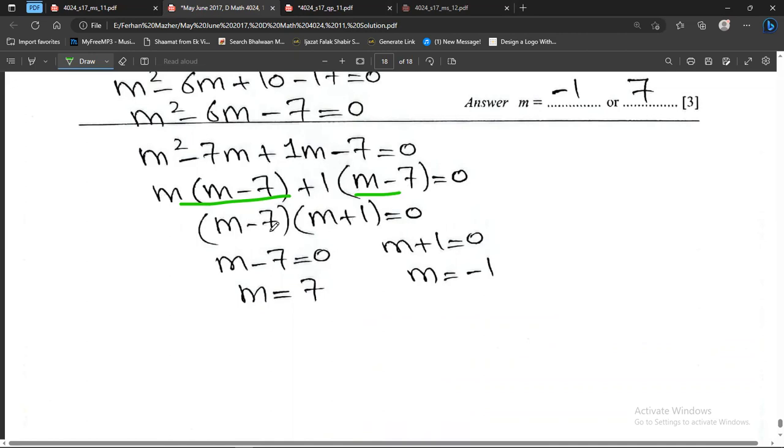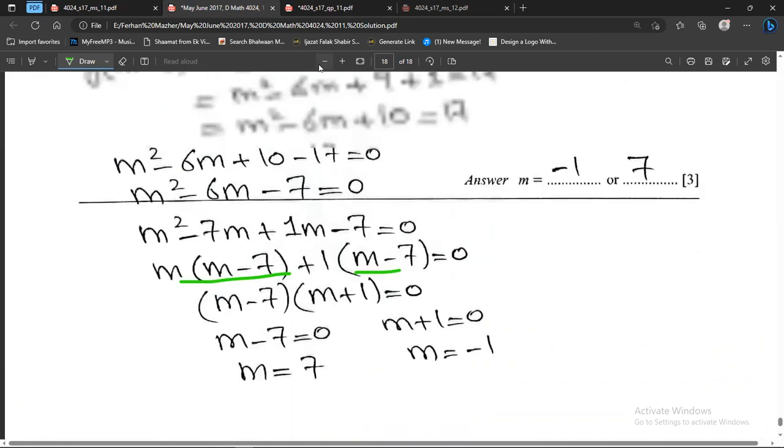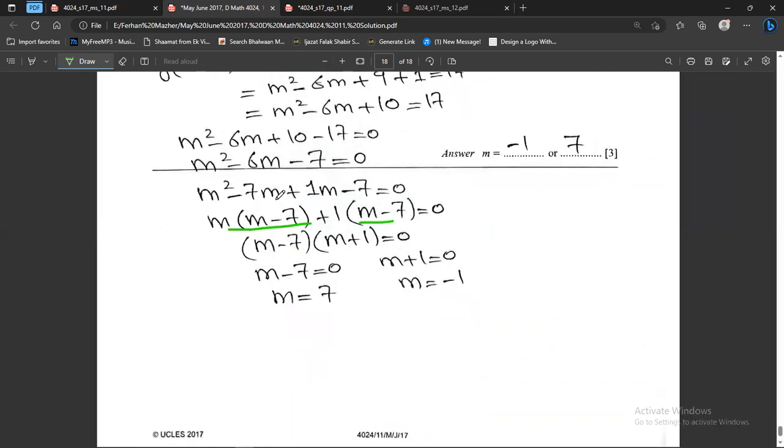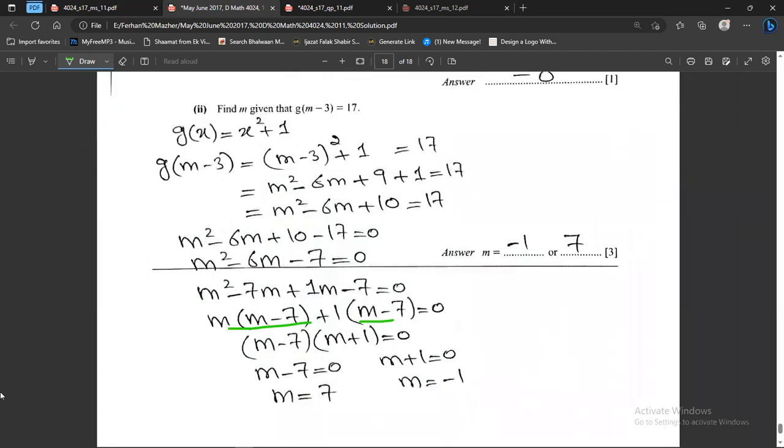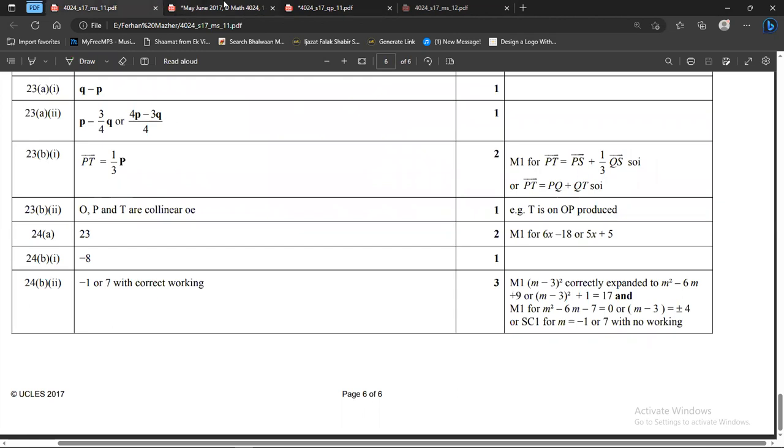So these two brackets are multiplying with each other, and the answer is 0. So either the first bracket is 0 or the second bracket is 0. So m minus 7 is equal to 0, so m is equal to 7. m plus 1 is equal to 0, m equals minus 1. So this is how this is done. So minus 1 and 7.